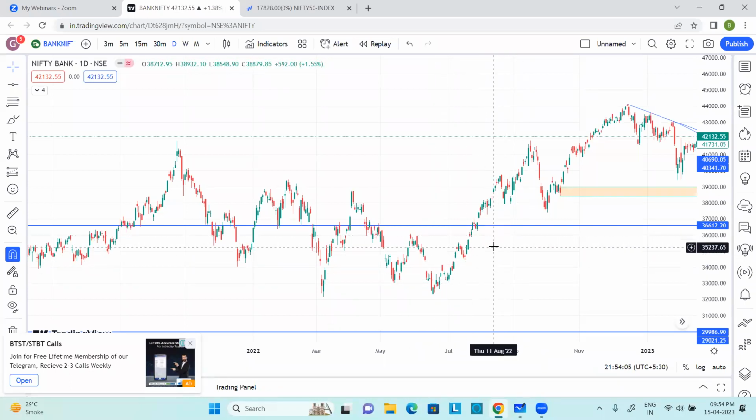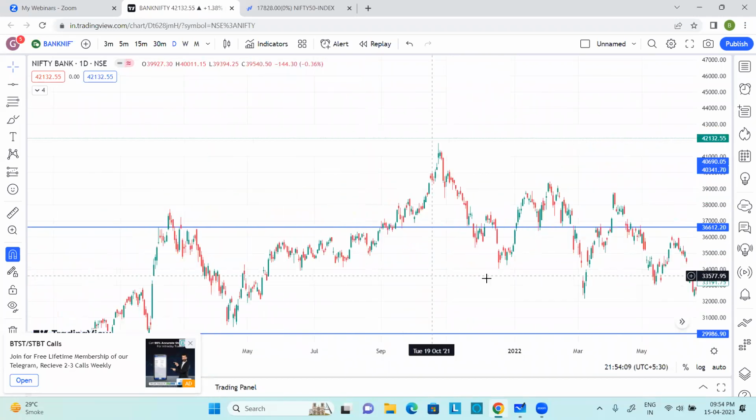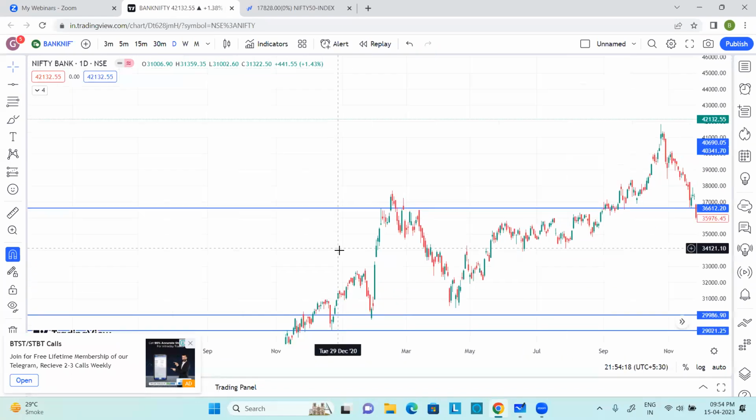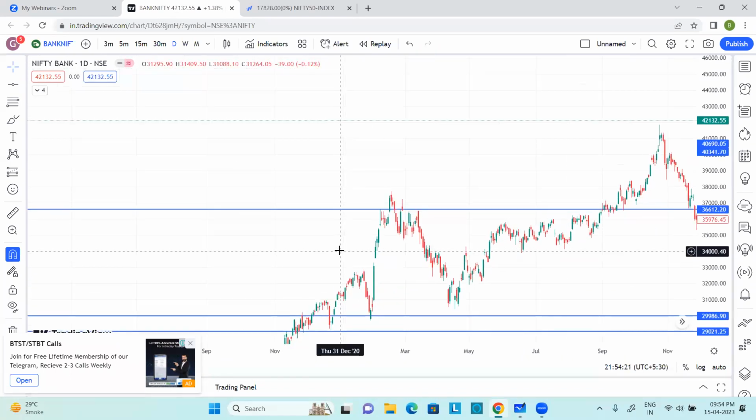I don't remember now why I have marked. Maybe some resistances will be there like this. देखो इधर. There is a resistance. I might have marked here, and it is as it is till now. Please show us such trades, Nitin. If you need to understand that, पहले आप ये सभी सीखना है.